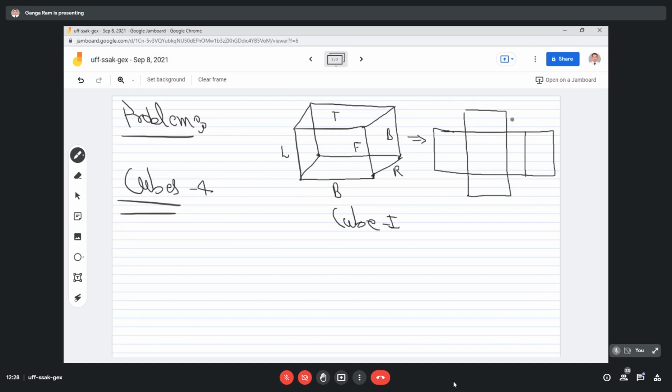Here I'm writing left and right. Suppose there are 6 faces, 1 2 3 4 5 6. These are the 6 faces of this cube. In this case, this face represents the top, and suppose the top face is colored by blue. This face is the bottom, and the bottom is colored by white.